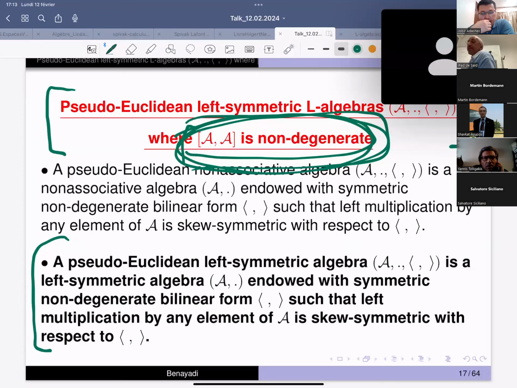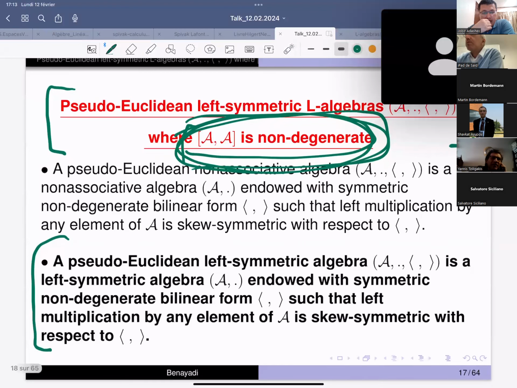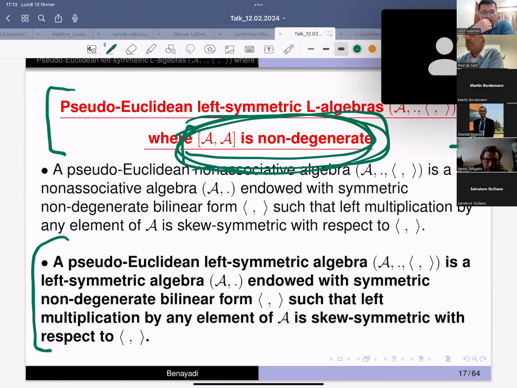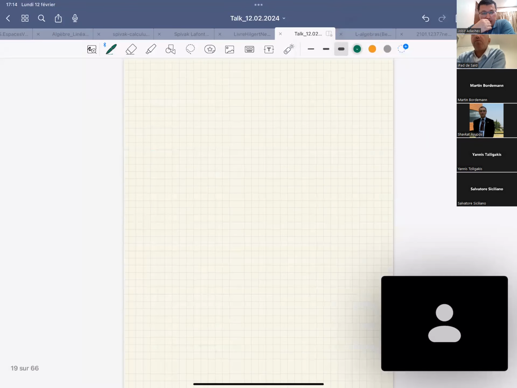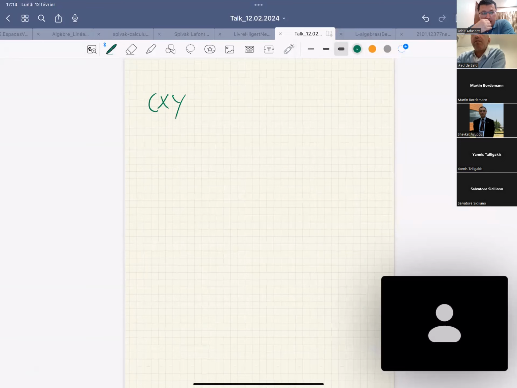But I may be wrong. So without pseudo-Euclidean? Without. Just like this. I mean, this is a large world where one can't specify anything. Okay.